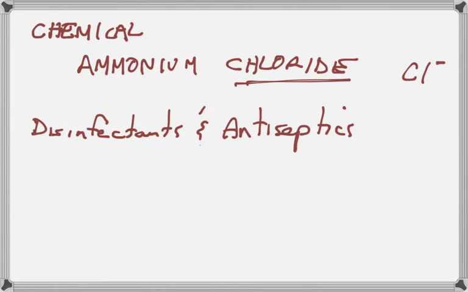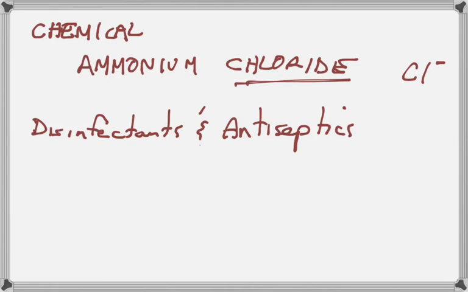Or alcohol works really well against almost all organisms, except for what? Go ahead, Megan. Yeah, absolutely. Spores are resistant to many of these chemical factors. And so, for example, spores are completely resistant to alcohol. Put them in 70% alcohol, they will survive years and years. It does nothing to them.